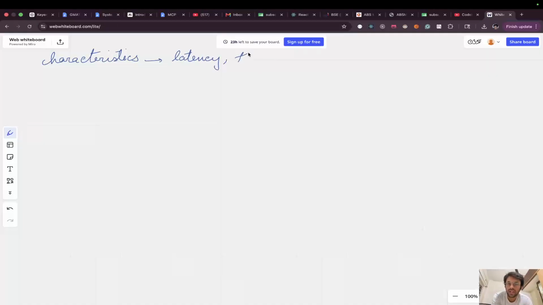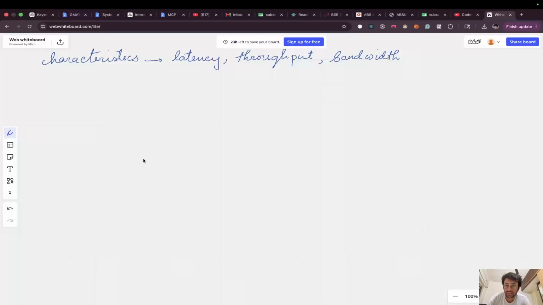Then we saw what throughput is and how we can calculate it. Then we saw what bandwidth is, how we can calculate bandwidth from throughput, how they are dependent, and how we can improve throughput and bandwidth for a system.